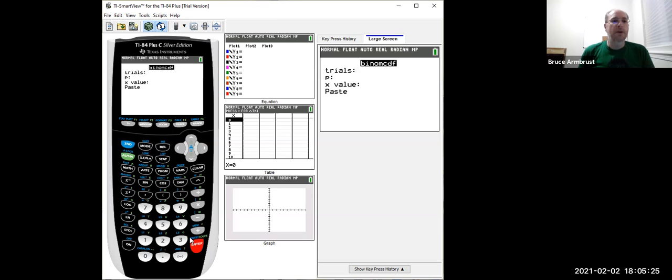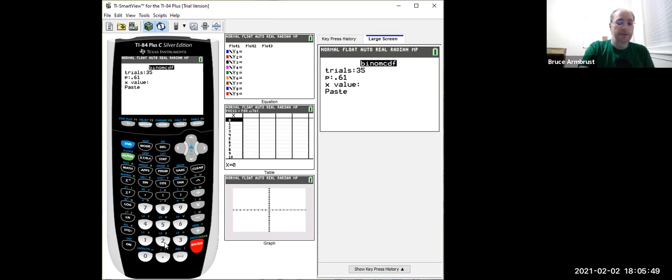Okay, so this one, we're going to start with the trials. So for me, it was 35. The P was 0.61. Okay, so then this one says X value. So this is going to be the type that does from 0 up to and including that number.